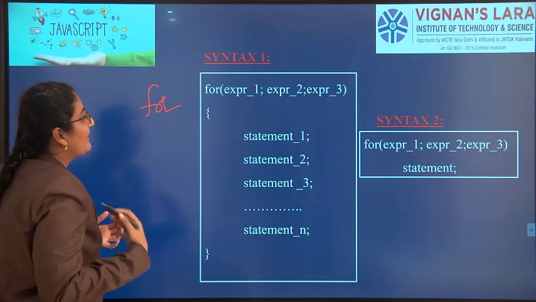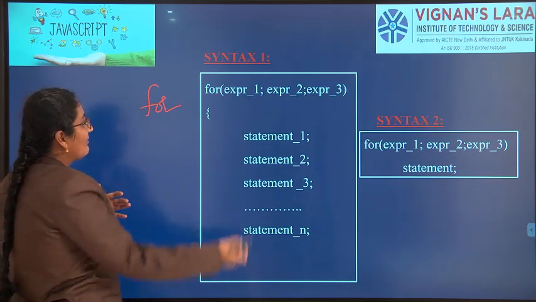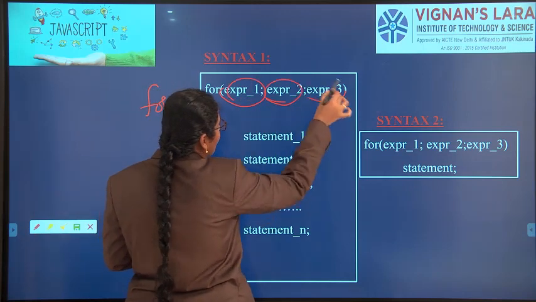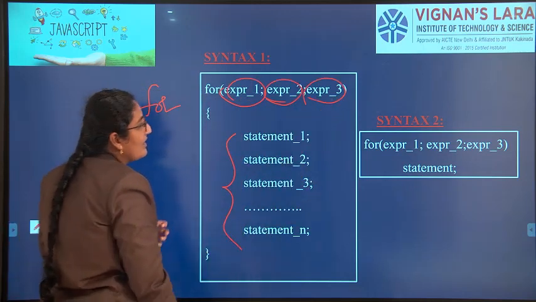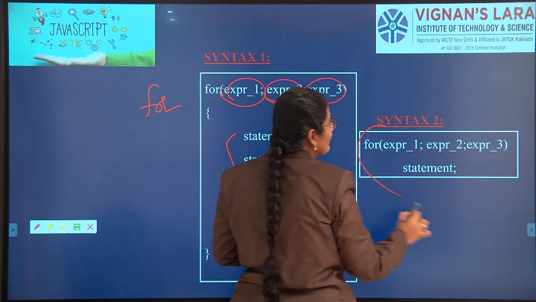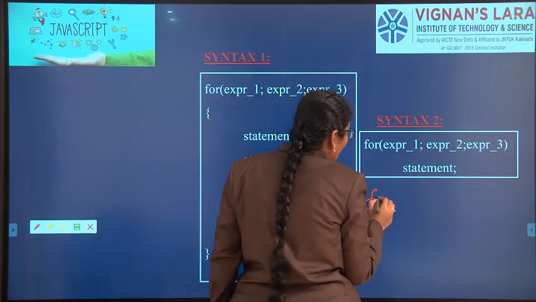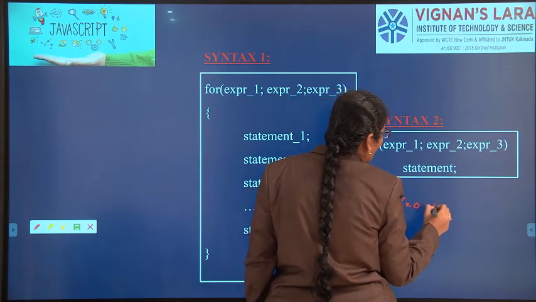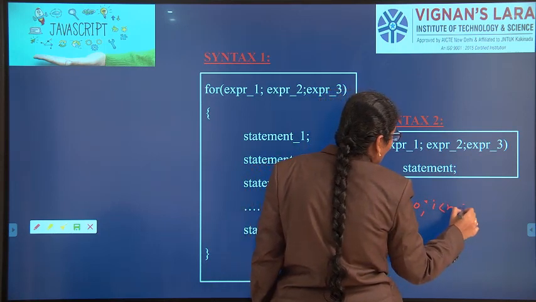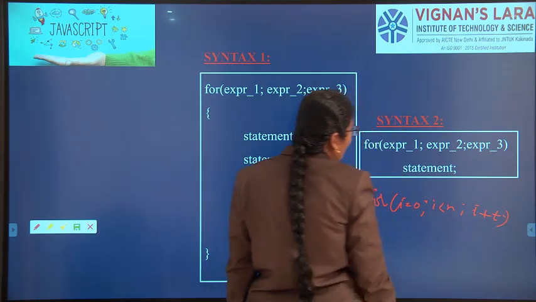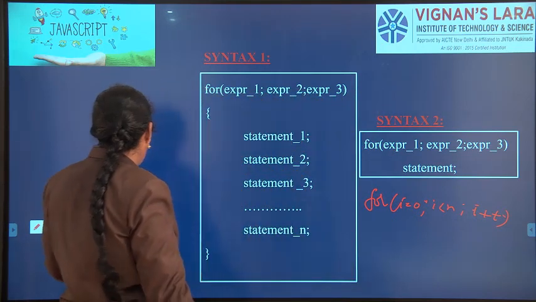We have while loop and do while loop also. In for we have three expressions and some statements. This is the simple syntax of for.